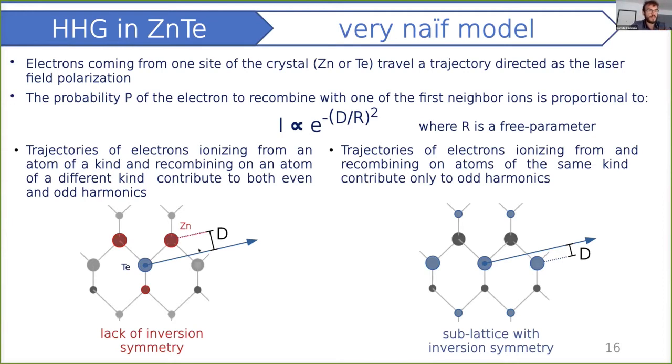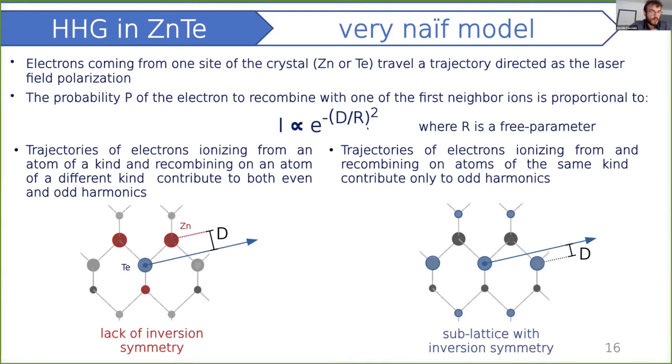Then we assume that the probability P of the electron to recombine with one of the neighbor ions is proportional to a Gaussian, where D is the distance of the neighbor atom from the direction of the trajectory, and R is a free parameter of the model.